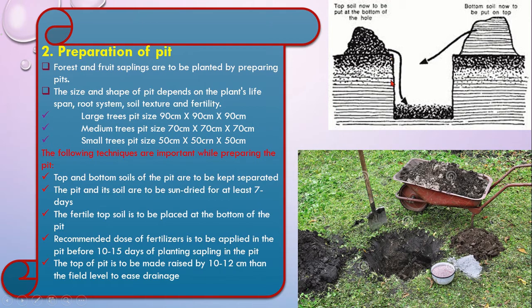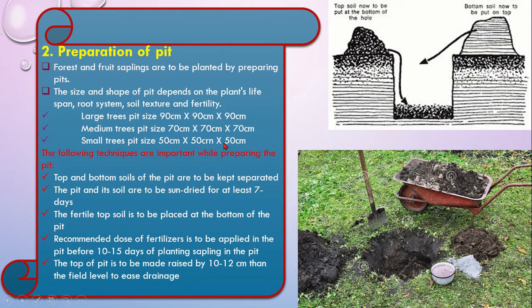That means depth, length and width should be the same. If that plant or tree is medium, pit size will be 70 centimeter into 70 centimeter into 70 centimeter. And if the tree is small in size, then the size will be 50 centimeter, 50 centimeter and 50 centimeter.